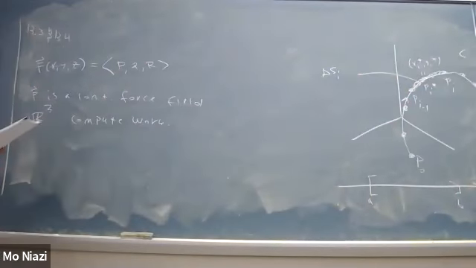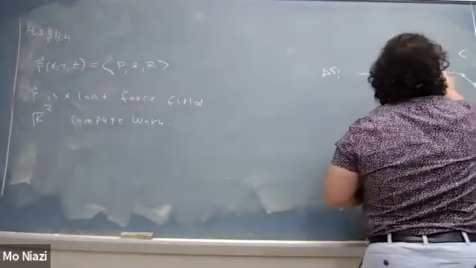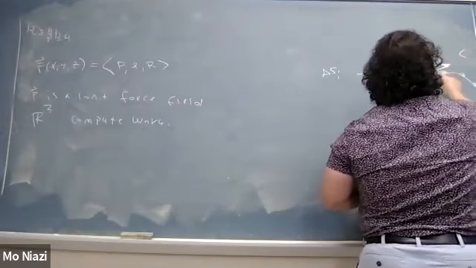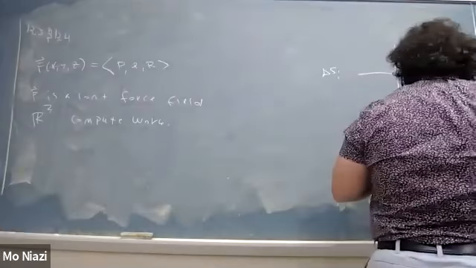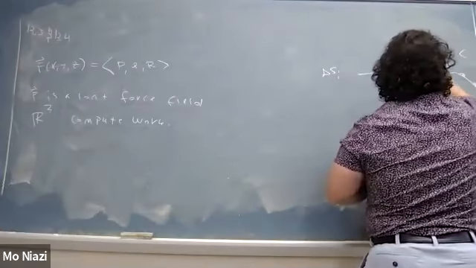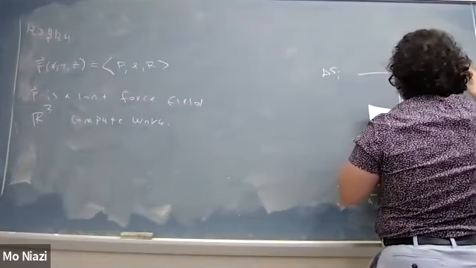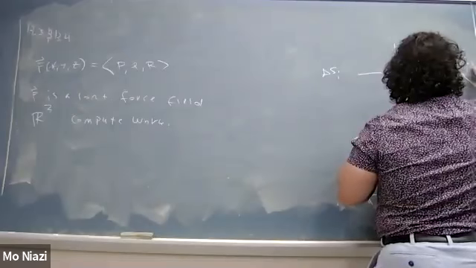What can we say? Well, at P i star there's a tangent vector, and there's a unit tangent vector here. Furthermore, there's a force vector here. So I can remove this. We know what P star is. This is the unit tangent vector, T of t i star.